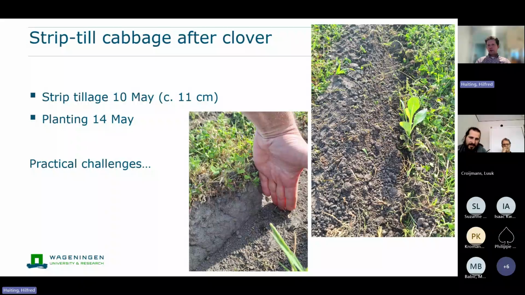And we have done this with GPS systems, but then the practicality sometimes results in systems that are not fully aligned. So you see in the right picture that we have a strip cultivated, but then with GPS planting afterwards and GPS not having the correct signal, stuff like that, then we have this plant at the edge of the strip instead of in the middle.